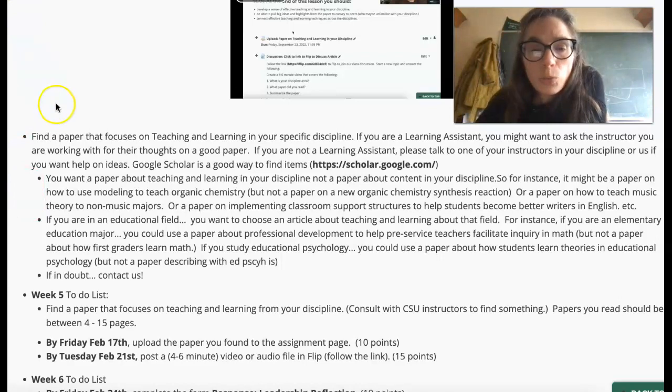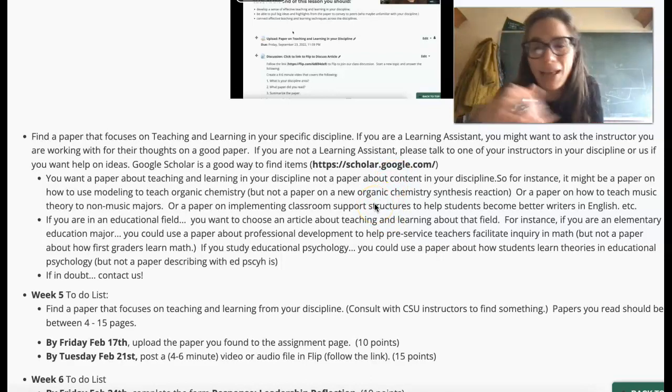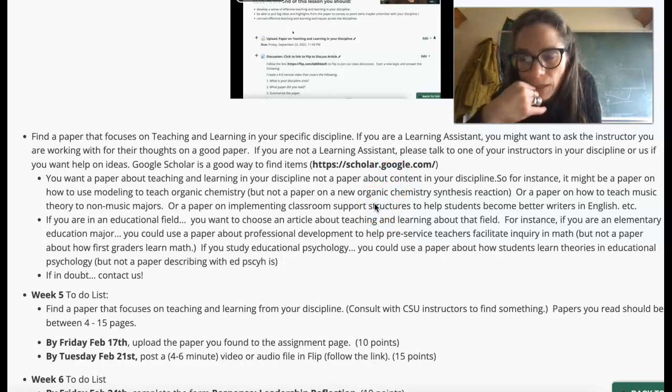So what do we mean about an article on teaching and learning in your discipline? You want a paper that's about teaching and learning, not a paper about content in your discipline. For instance, it might be a paper on how to use modeling to teach organic chemistry, but not a paper on some new synthetic technique.